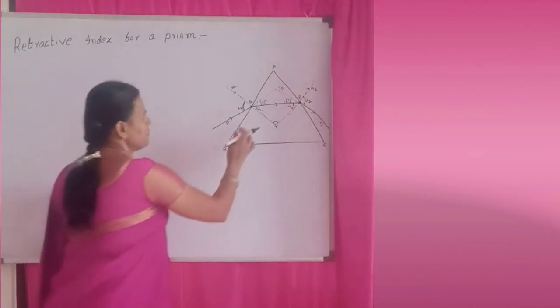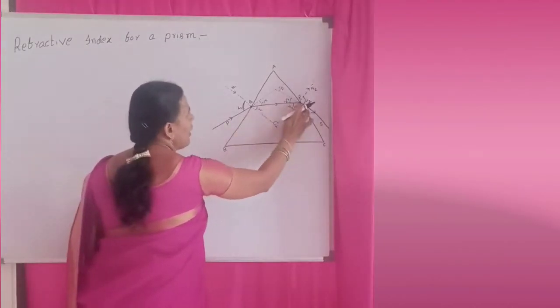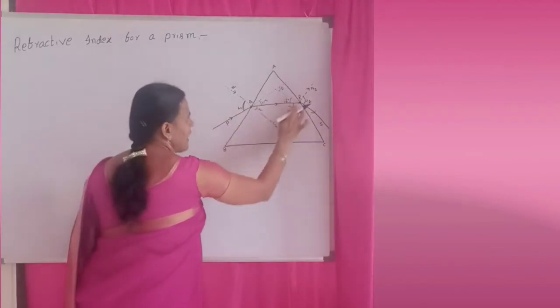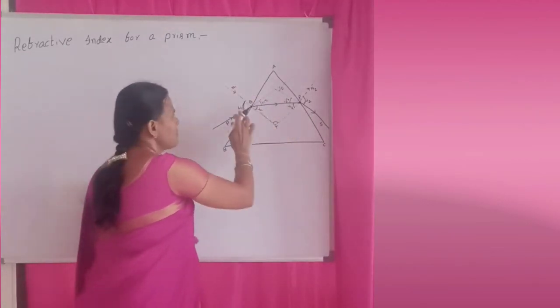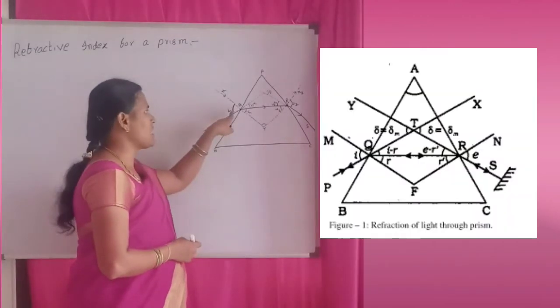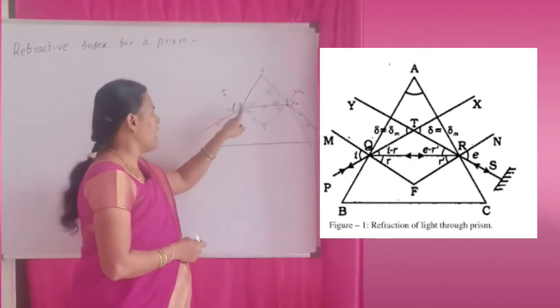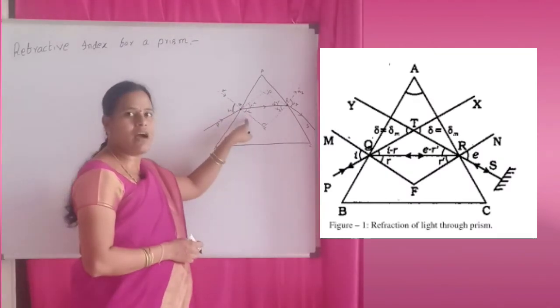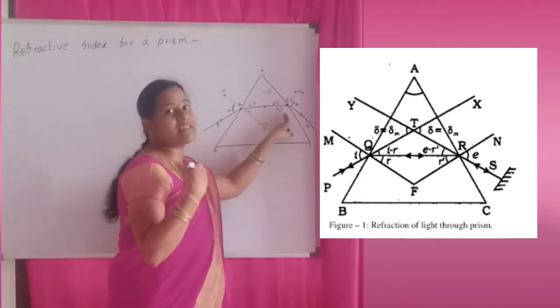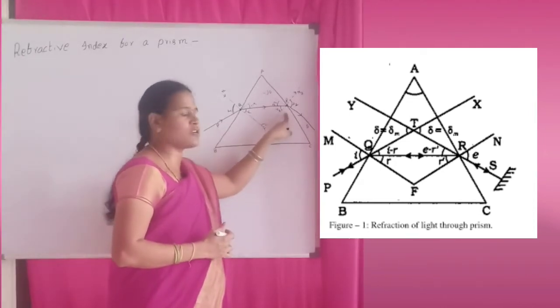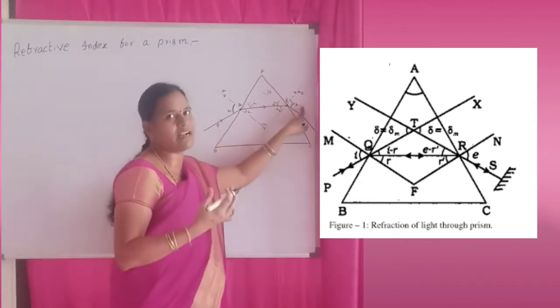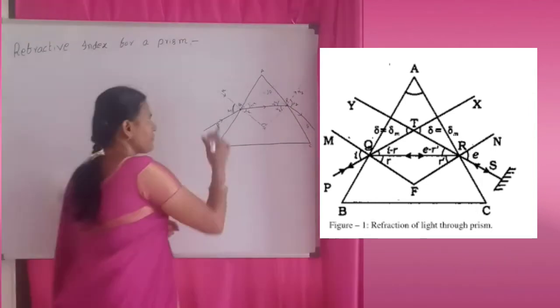Observe Q, R, T. You are observing one triangle. This is the angle of incidence I1 and this is the refraction, so I am taking it as R1. Here this is the second refraction, R2, and this is the second angle of incidence, I2.